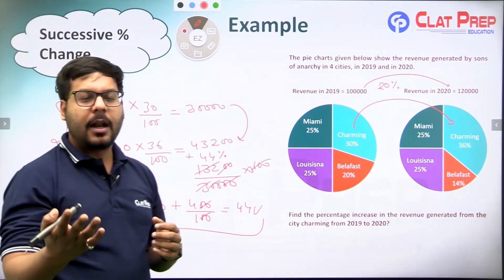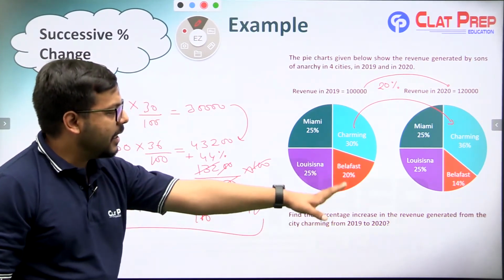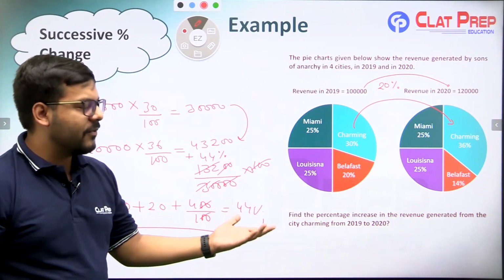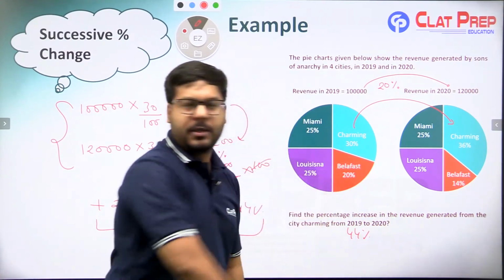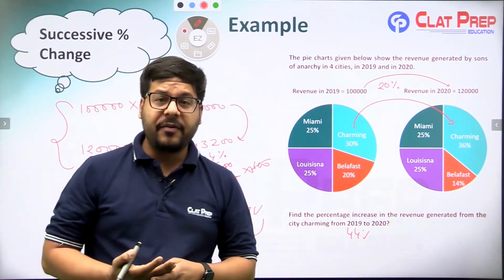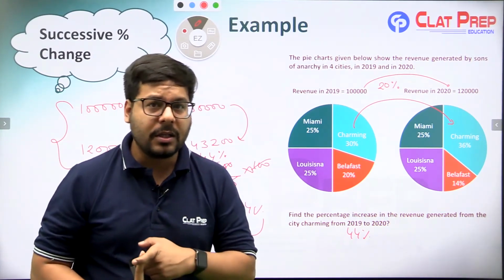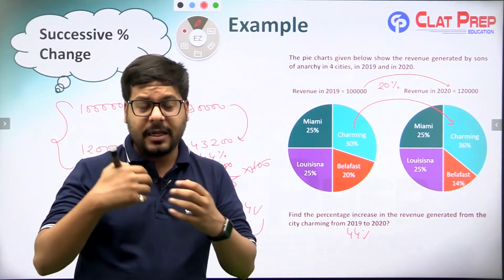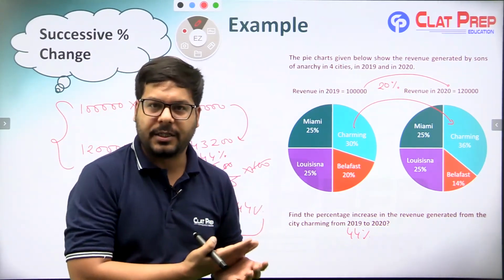We can easily do it in our mind that the result will be 44%. So if the question is asking to find the percentage increase in the revenue generated from the city of Charming from 19 to 20, the result will be what? 44%. Okay, I hope everybody realizes that the successive percentage change is a very important concept, whether it is asked in the form of a traditional textbook question or in the form of data interpretation as well.